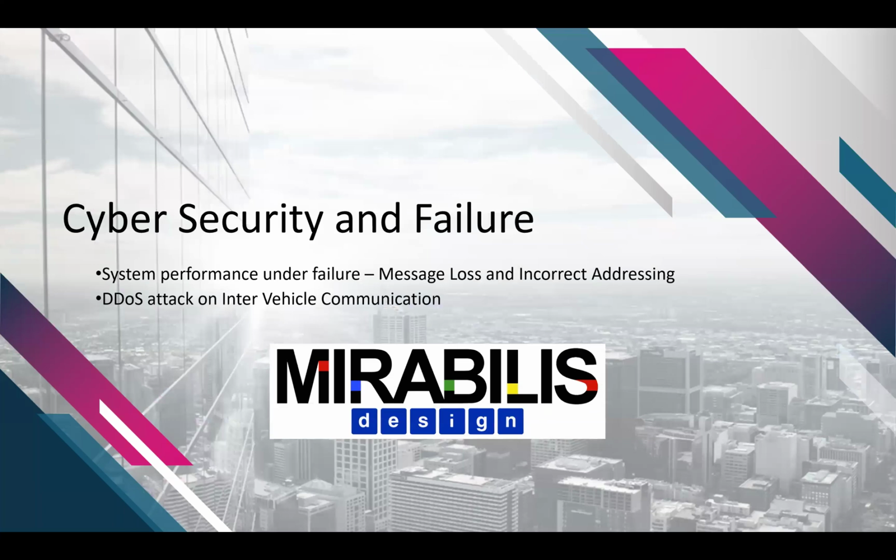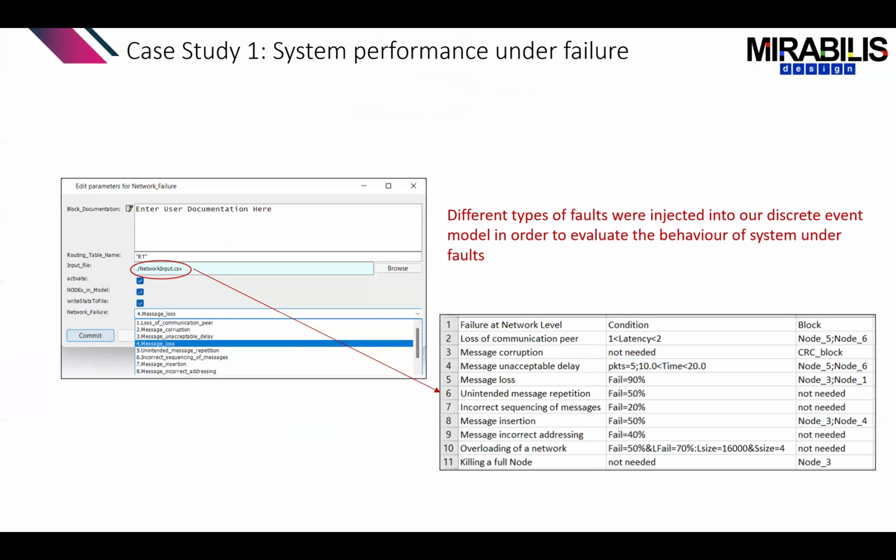Now, the last aspect that we want to look at, which I know is not related to the network or hardware or power or software, but related to how the overall system behaves, which is failures and security. Now, VisualSim has these libraries that have a whole list of faults that can be injected directly into the system, and you can define different attributes for each one of those.